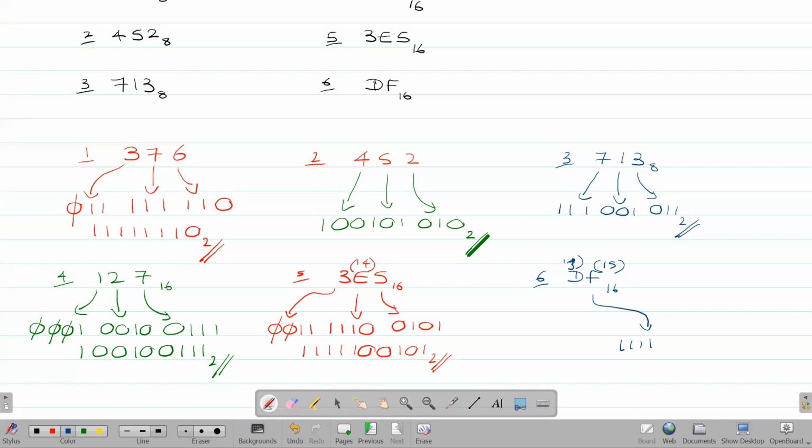I'm sorry. So 13 can be written as 8 plus 4, it is 12. Not 2, just 1 for 1. So the final answer is going to be 110, 1111.